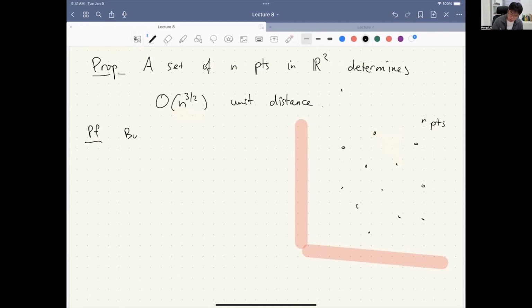The trick is to build an auxiliary graph G on these m points. So start with the arbitrary m points arrangement, build on this a graph where two points are adjacent when their distance is exactly the unit distance.